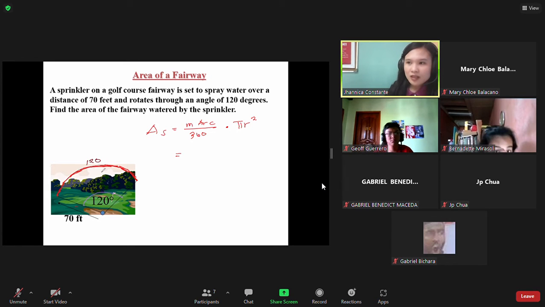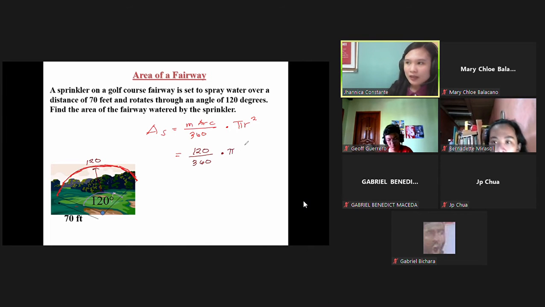It's equal to your central angle. Kung anong measure ni central angle, same ng measurement ni intercepted arc. So 120 divided by 360 multiplied by the exact value of pi with the radius, which is 70 feet squared.